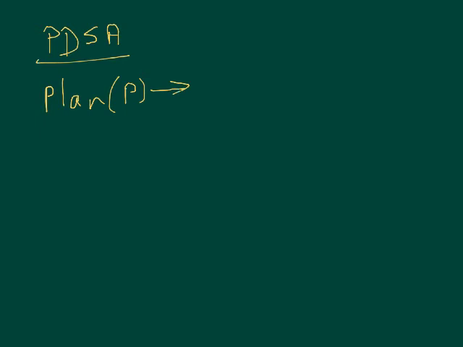Dr. Deming's PDSA cycle includes the following. P is plan again, but what you do here is you look at what changes are desired.